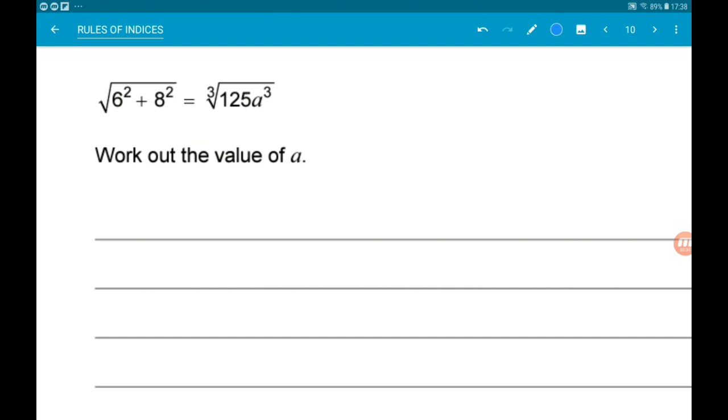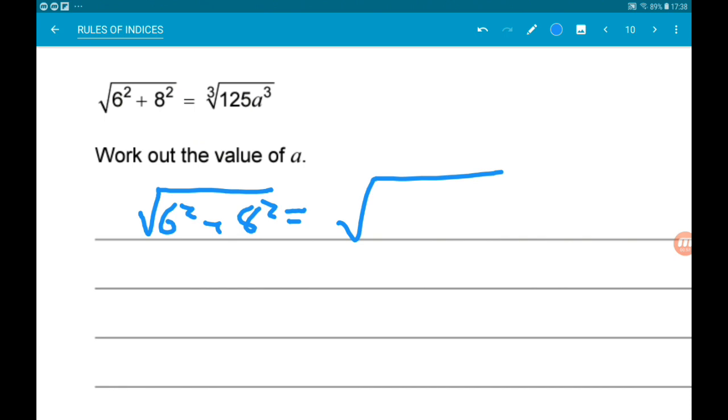So the square root of 6 squared add 8 squared is the square root of 36 add 64, which is the square root of 100, and that is equal to 10.